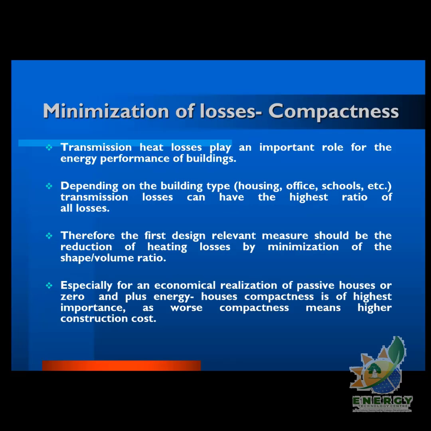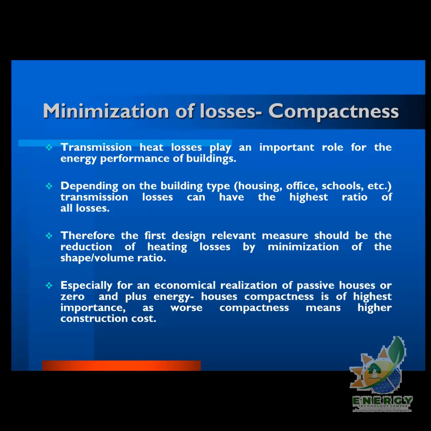And therefore, in terms of compactness, transmission heat losses play an important role, as we have seen, for the energy performance of buildings. Depending on building type, whether it's housing, office, school, and others, transmission losses can have the highest ratio of all energy losses.